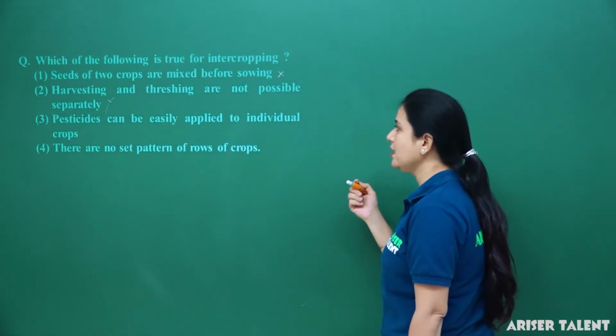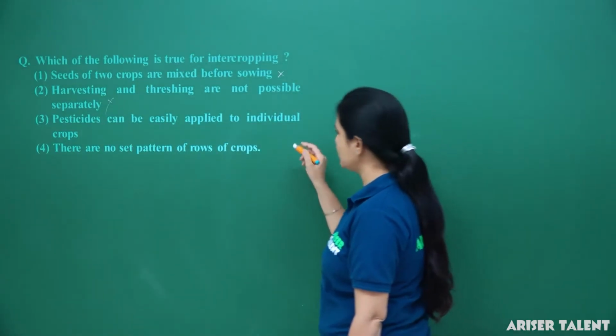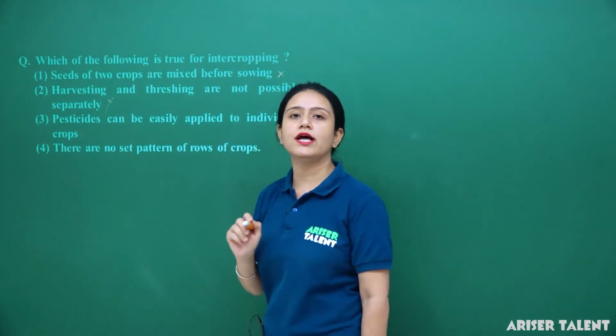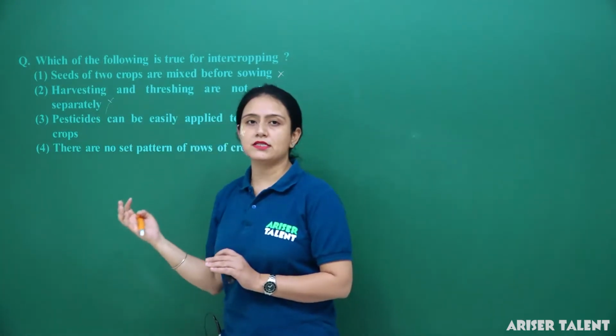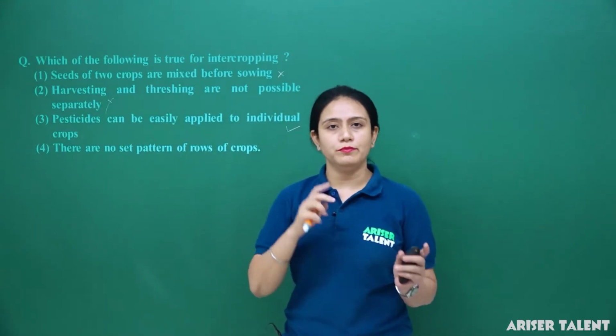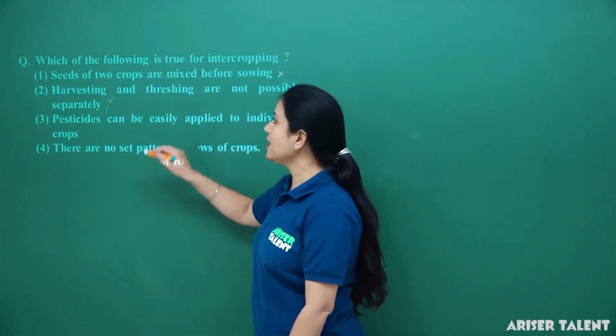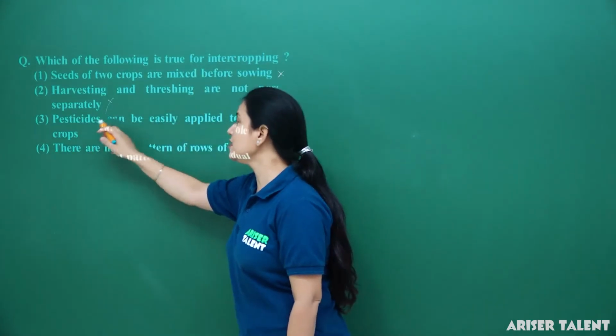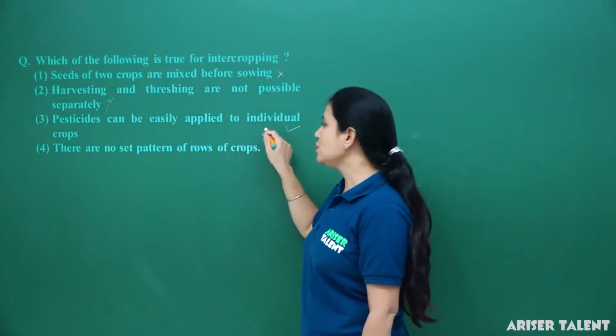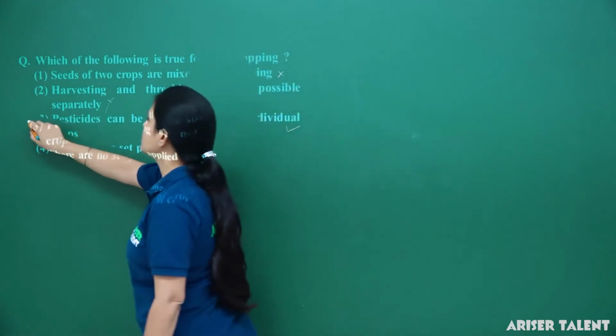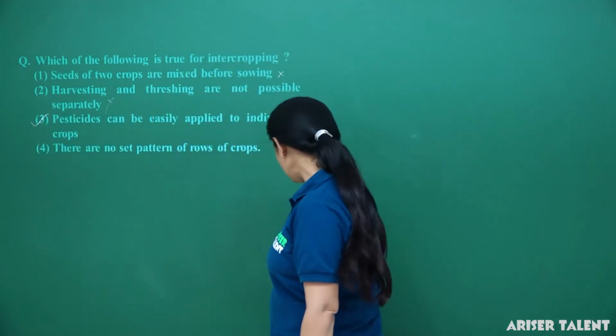Pesticides can be easily applied to individual crops? Yes, because we use different pesticides for different crops. A particular kind of pesticide is used for the particular crop. So we can say that in intercropping, pesticides can be easily applied to individual crops. This is the correct option.